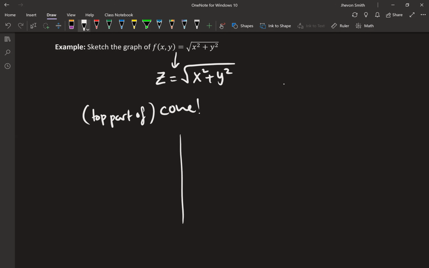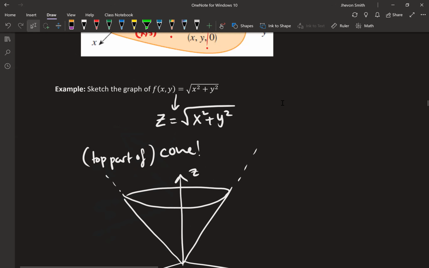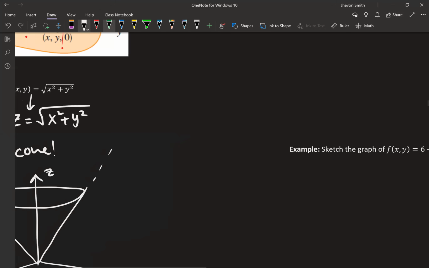The graph of this looks like that, right? And it goes up forever, of course. So that's actually a cone. And one way you can think about this is that the traces look like x squared plus y squared equals z squared, which is circles of radius z.